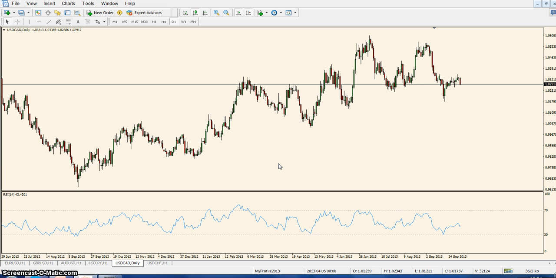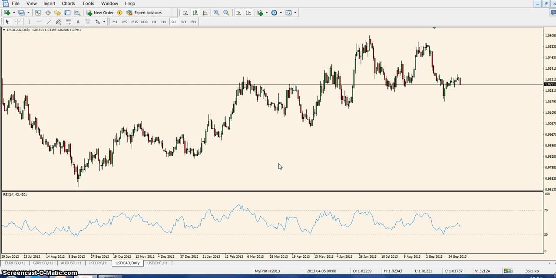Okay, so what you see on your screen is a US dollar Canadian dollar chart. This is what I used in my last video as well, so I'll continue using that. In terms of a recap, first of all, I use an indicator for this strategy, and that is the RSI.